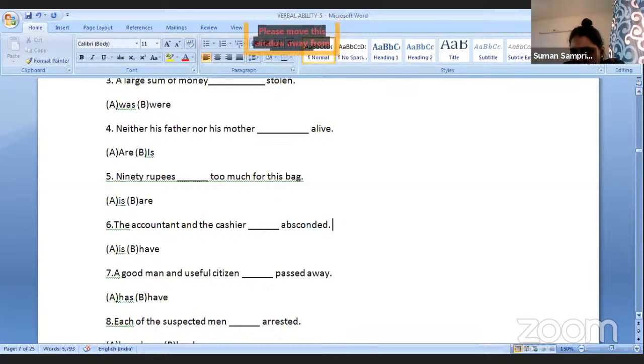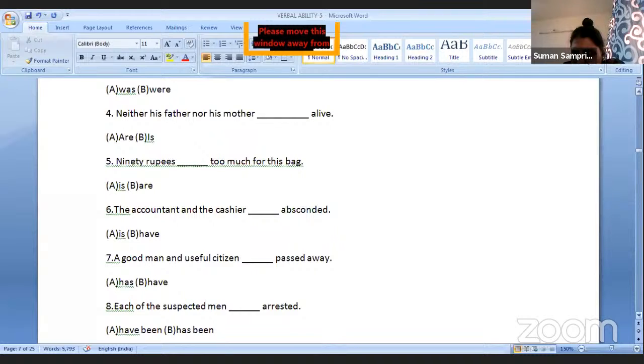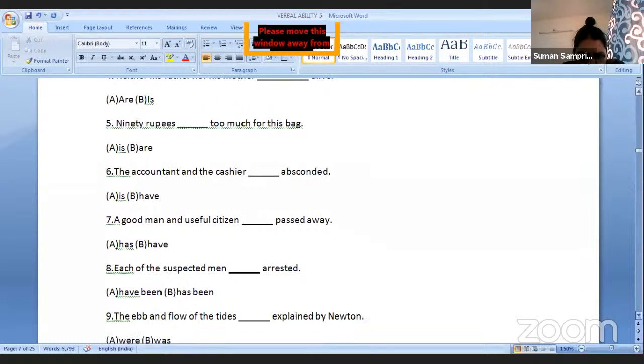Yes, correct. Vijayalakshmi, Mrinmoy, Meenakshi, Sarfaraz. Okay, Devadarshini. Correct, correct. Next one. Each of the suspected men. Correct.